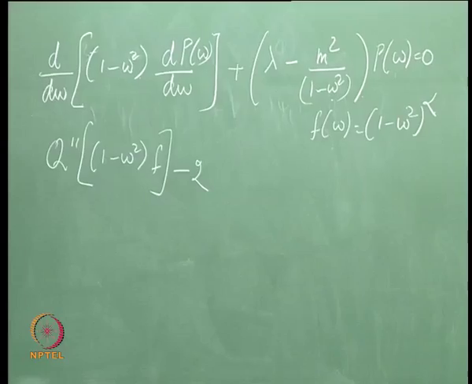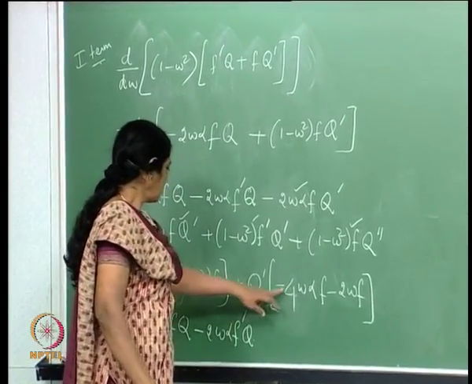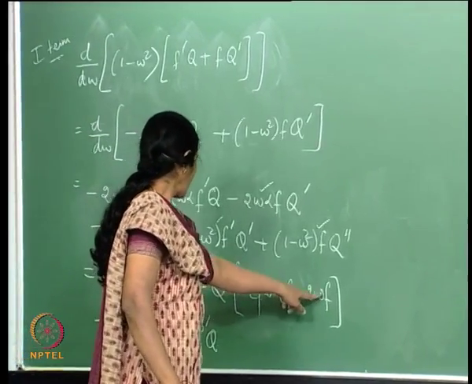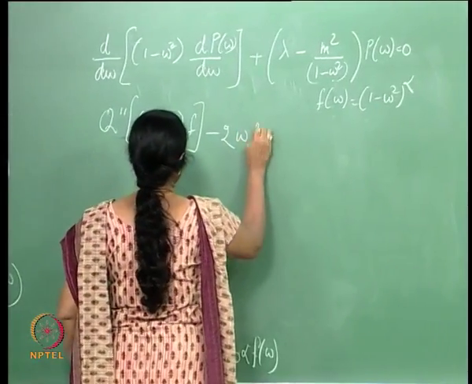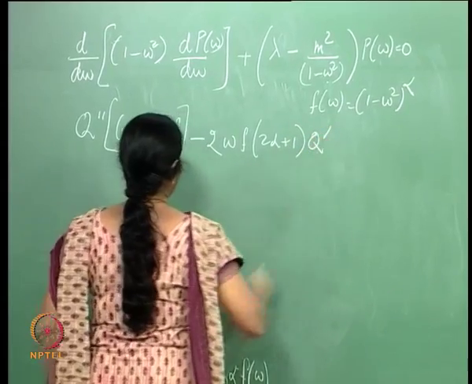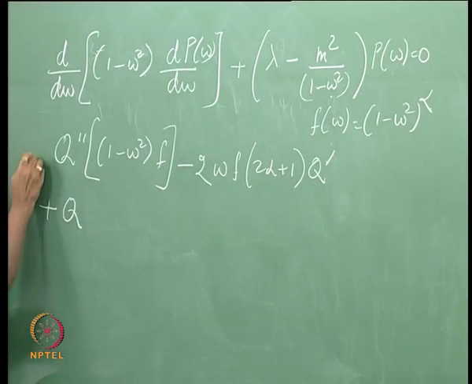I can write this as −2w f (2α + 1) times q prime, and then I have the q dependent terms.